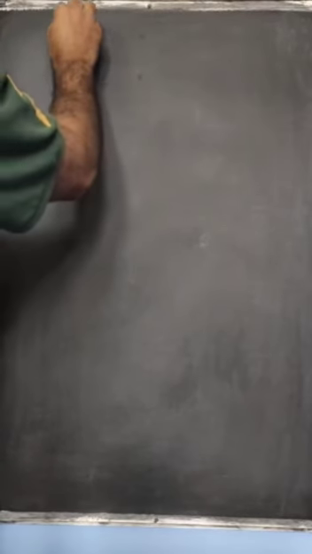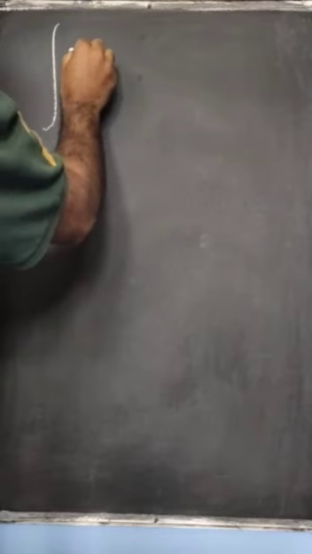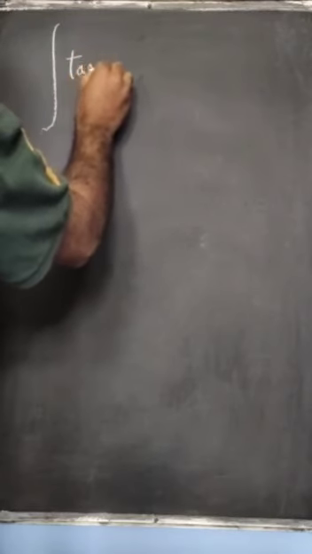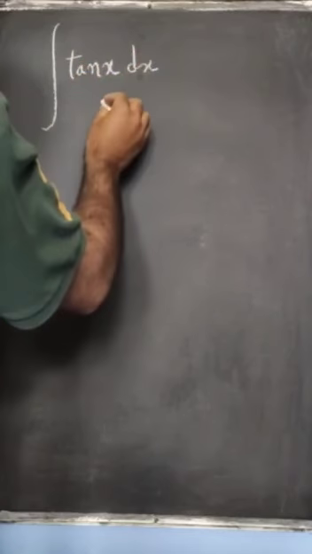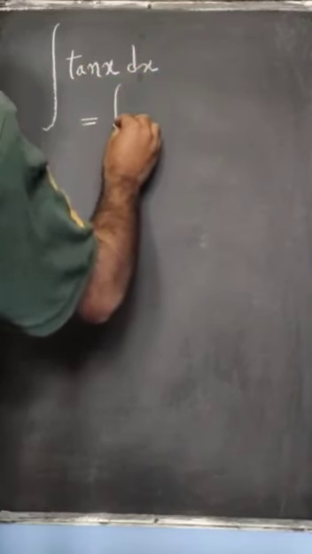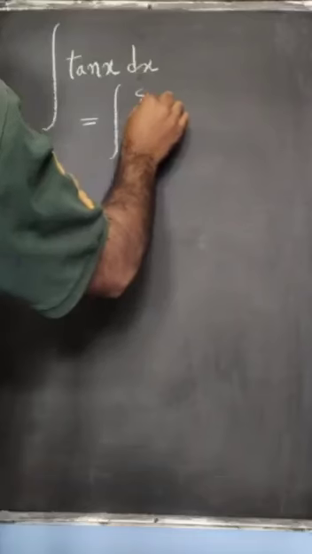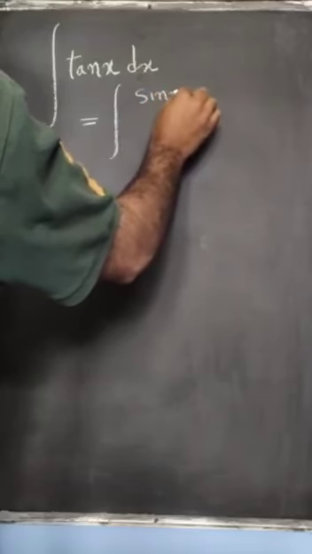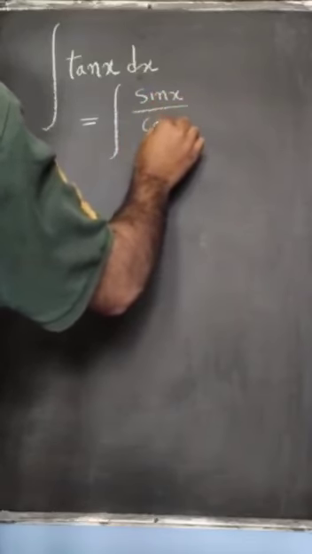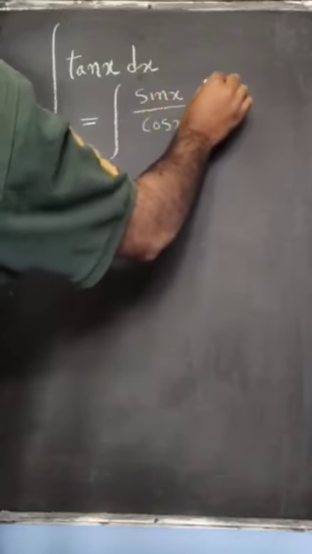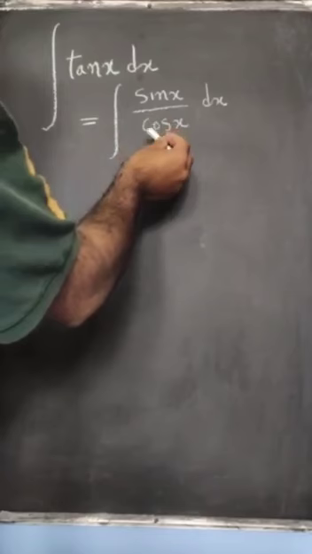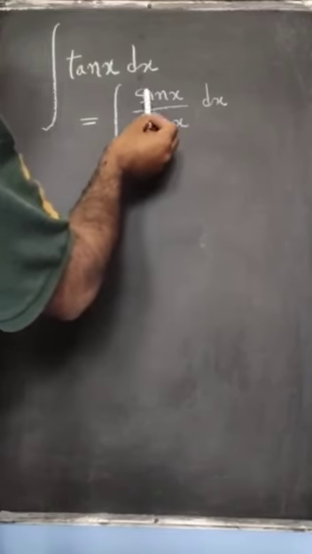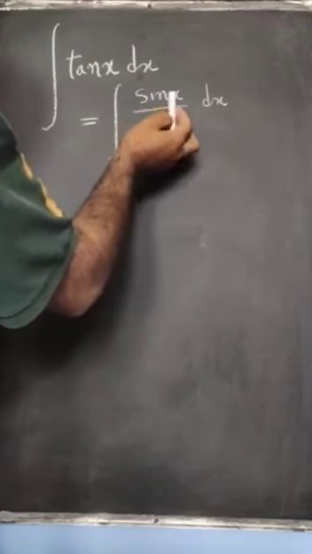Let us take one more example. We have integration of tan x, that is equal to integral of sin x divided by cos x. We know that differentiation of cosine of x is equal to minus sin x.